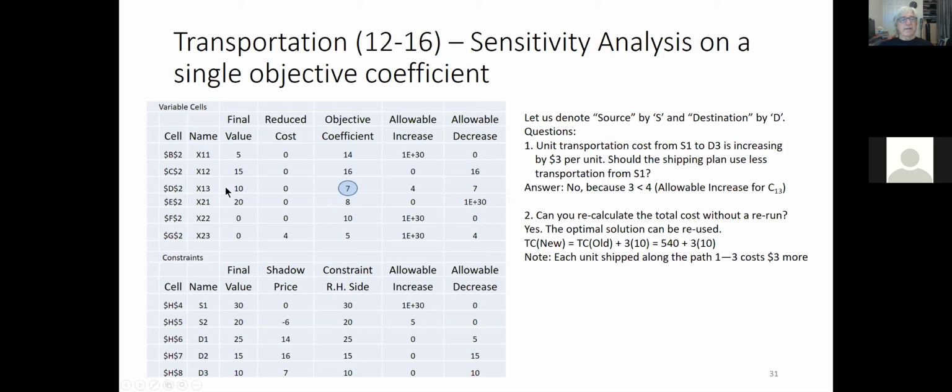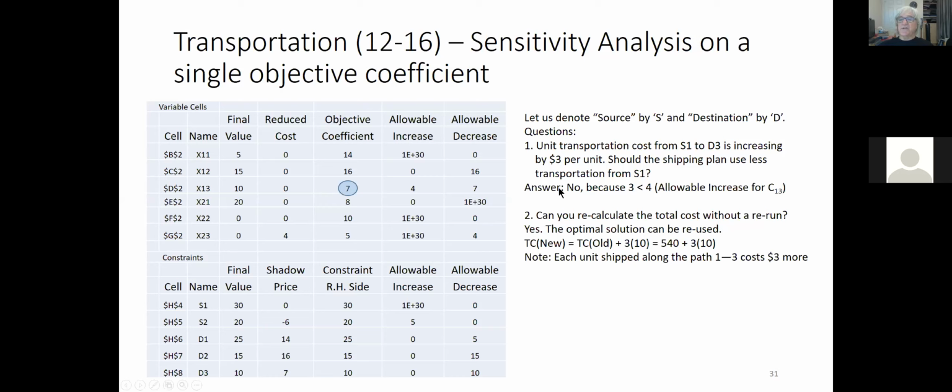So x13 has a coefficient of 7. But this coefficient is increasing by $3 per unit, maybe because the gas prices went up and now the unit shipping cost is increasing. So this coefficient becomes 10.